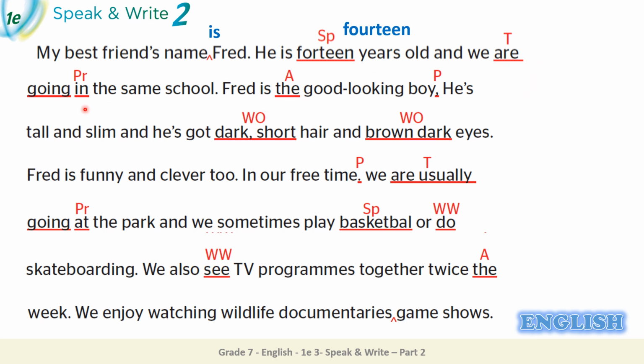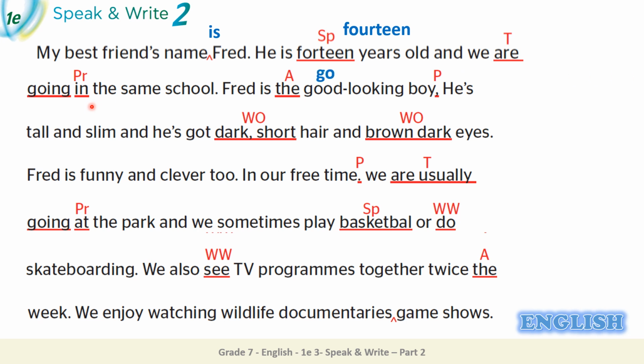Let's move to the next mistake. We are going in the same school. We have 2 mistakes. What is the correct answer? That's perfect. T stands for tense, so there is a mistake in the tense. And PR is a preposition, so there is also a mistake in the preposition.